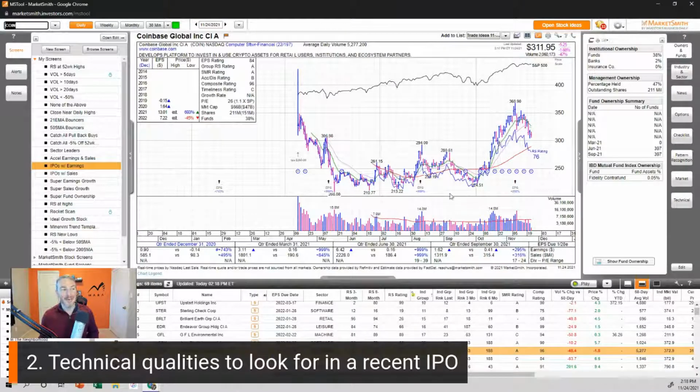So Coin, spectacular run, still has not gotten past its IPO price, right? The high of the IPO day was 430. On this run, the high was 368. Anyhow, this is why for IPOs, you really don't want to be trading on day one.